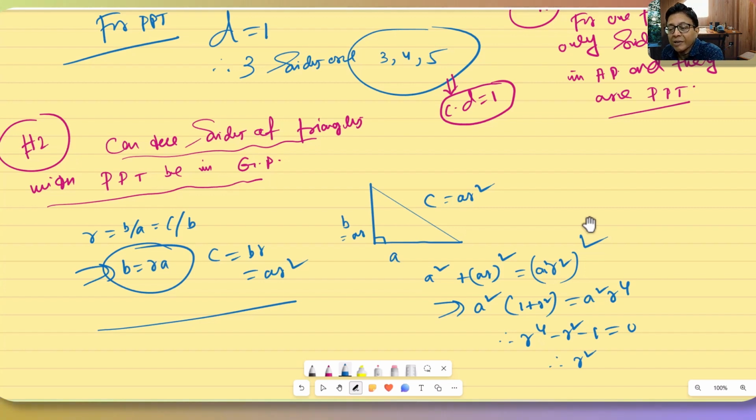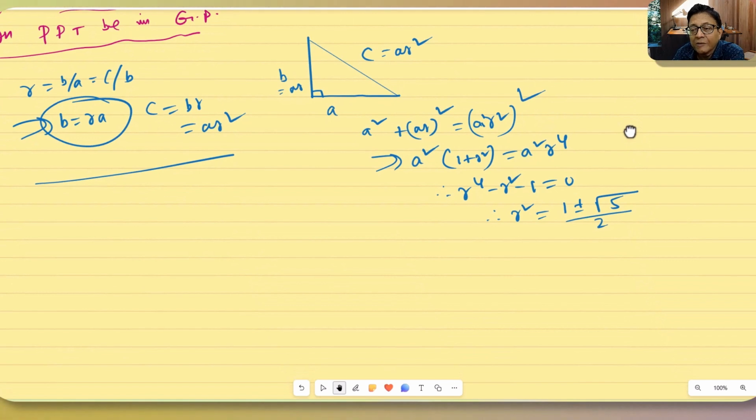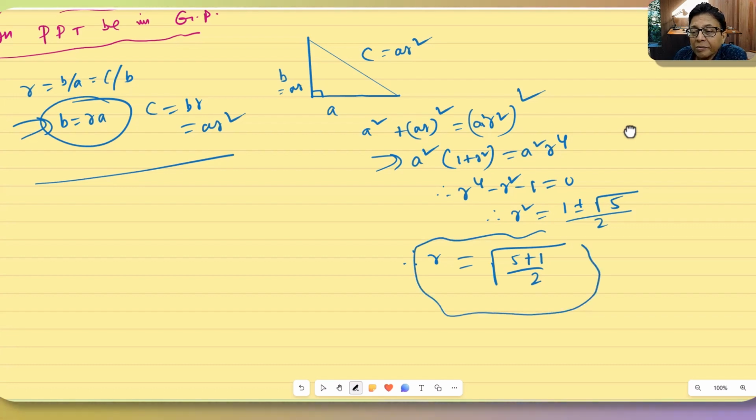So R square is going to be, by Sridharacharya method, (1 plus minus root of b square minus 4ac) by 2a. Clear? That is 1 plus minus root 5 by 2. So R is going to be under root of (root 5 plus 1) by 2, because you will ignore the negative sign, otherwise R will be a complex number if you keep the negative sign over there. So R equal to the square root of (root 5 plus 1) by 2.